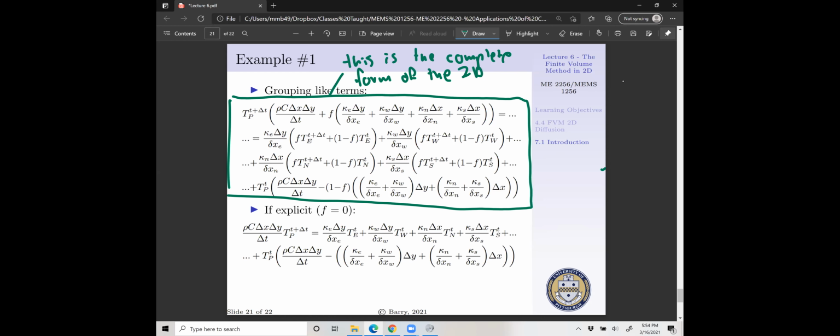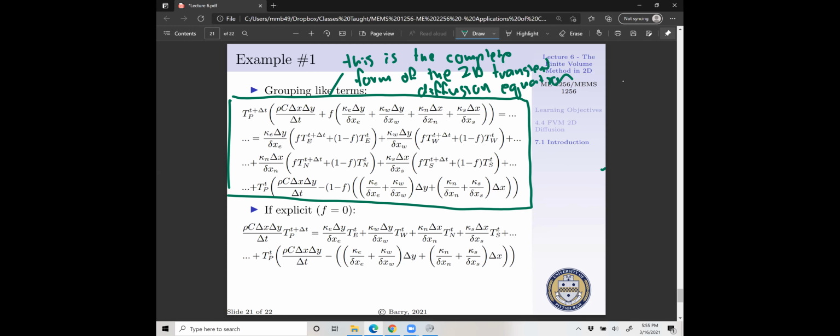So this is the complete form of the 2D transient equation. So that's a fun guy to work with, right?